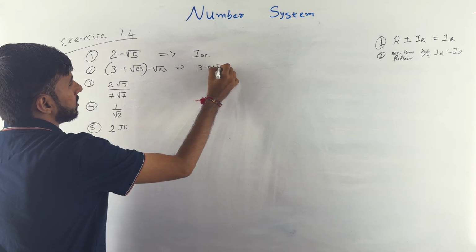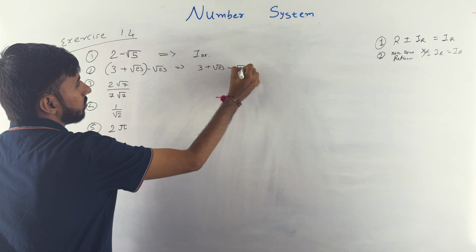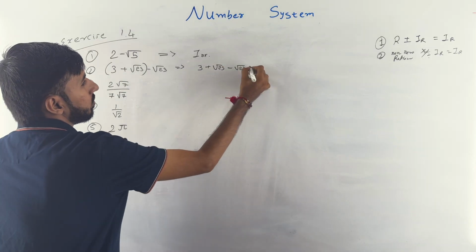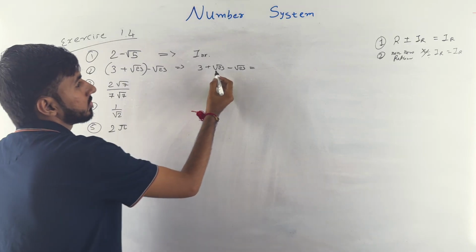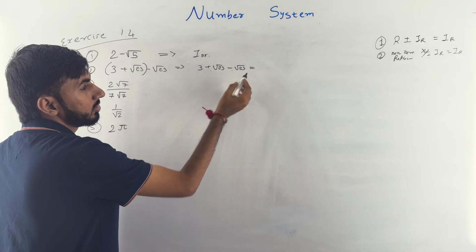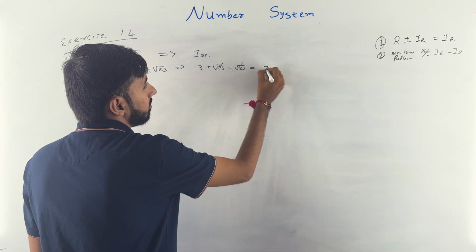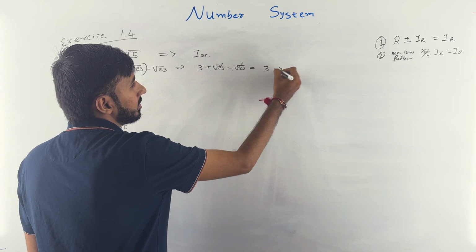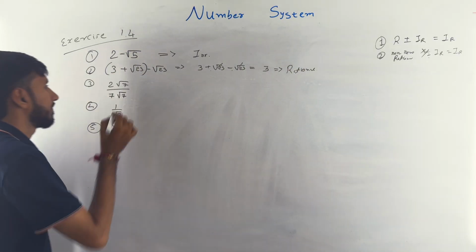So I can write it here as 3 plus square root of 23 minus square root of 23. Now I can cancel it because here we have a plus sign and here we have a minus sign, and both the numbers are the same. So my answer will be 3. Now we all know that 3 is rational. So my final answer will be a rational number.